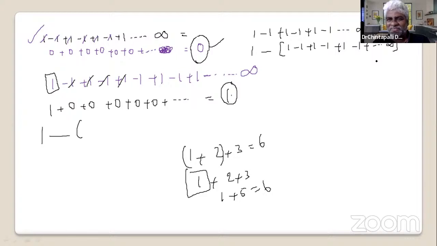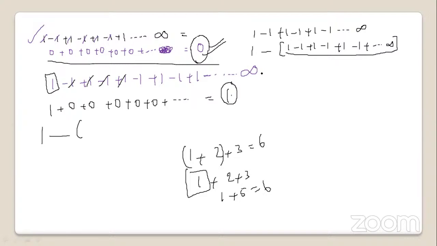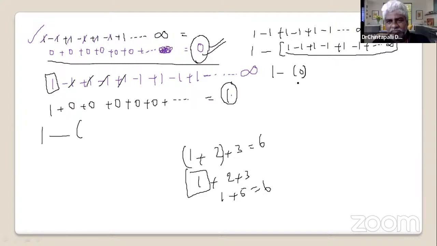Agree? Yes, sir. As in the above calculation, we got 0 for this bracket value. Accepted? Yes, sir. So it is 1 minus 0, which is equal to 1. Even if we use BODMAS, we get 1 only.